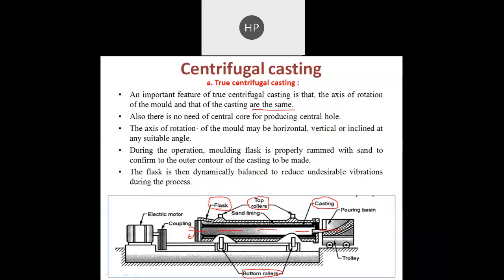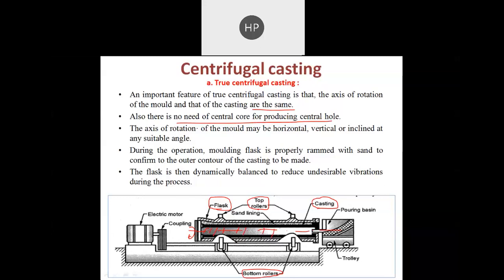But here in true centrifugal casting, we do not require any core. We do not require any central core for producing a central hole. Suppose this gap you can see here is the central hole. To produce that central hole, we do not require any core.